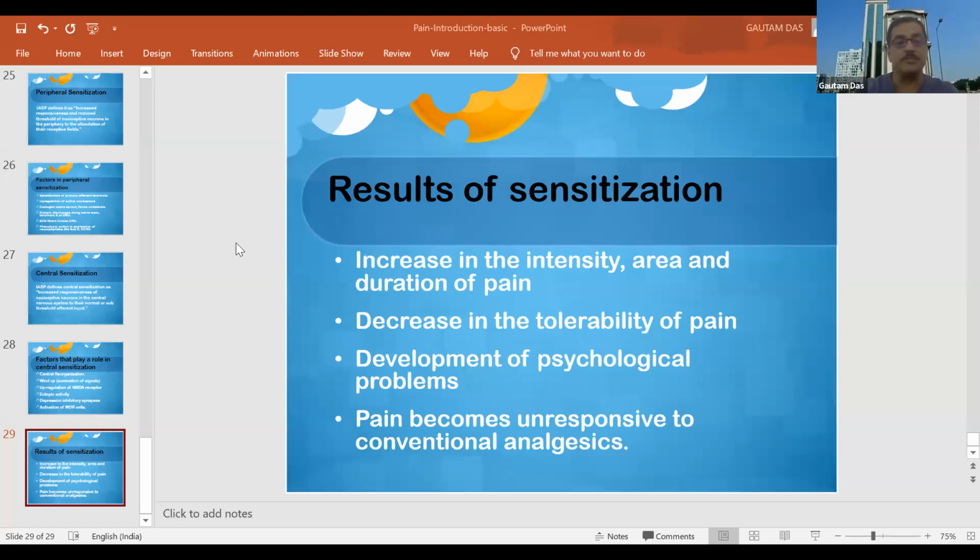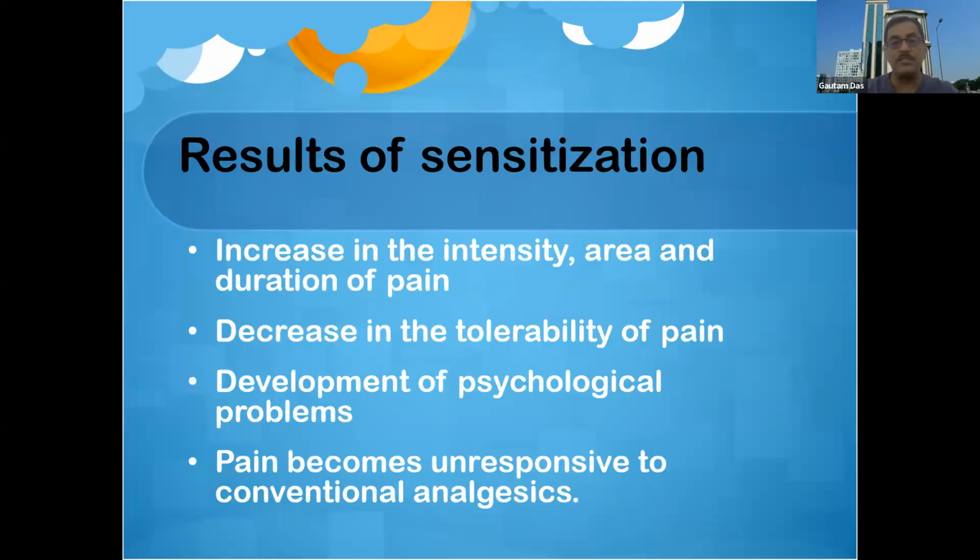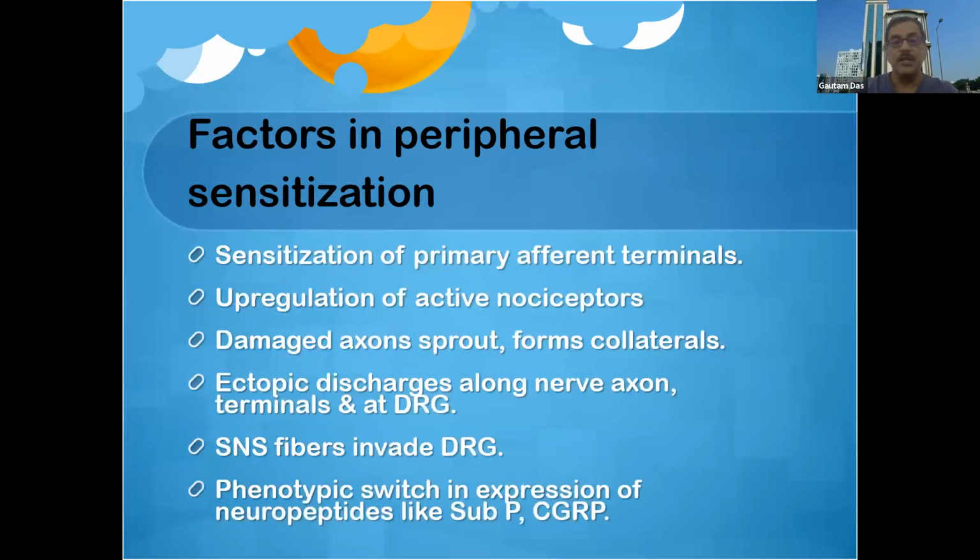Okay, so amplification has several mechanisms. One of them I already told in the peripheral sensitization. What is happening in peripheral sensitization? There is upregulation of the nociceptors. Second, there is reduction of the threshold.